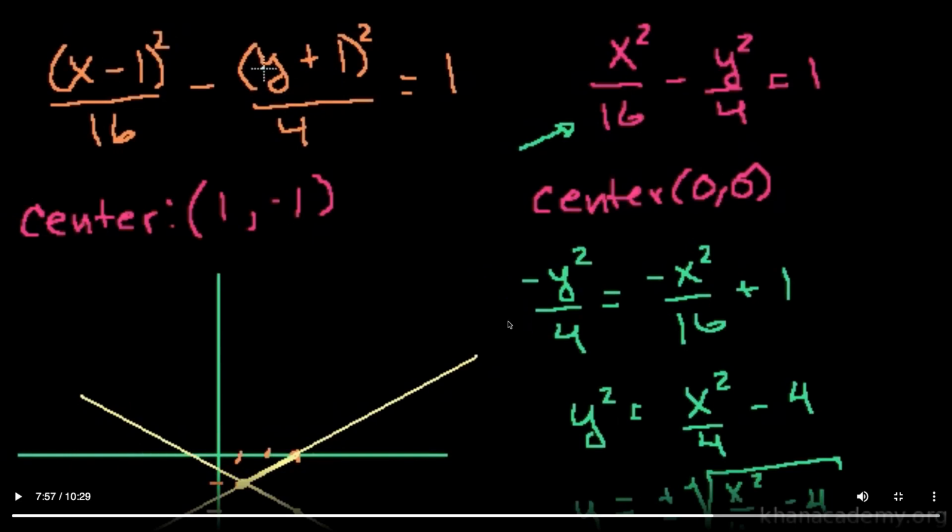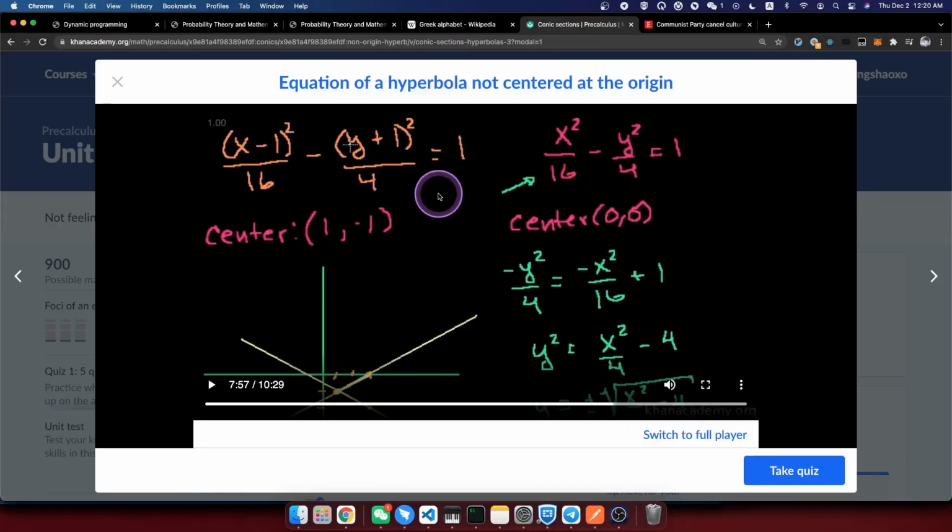Okay, to be honest, what this video does is try to tell you how you can graph a hyperbola whose center is not at the origin. So it is simple.